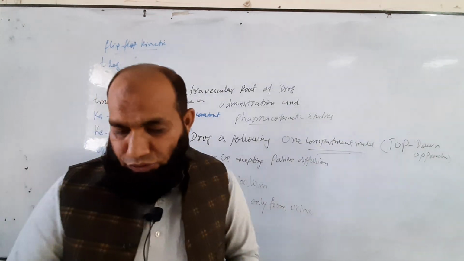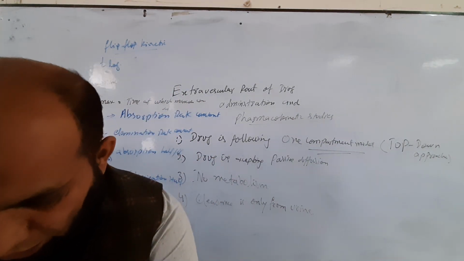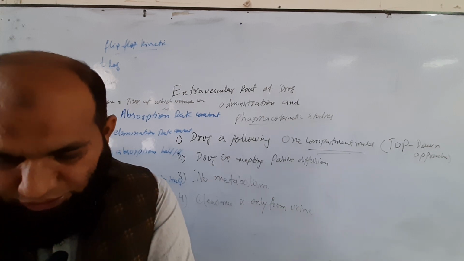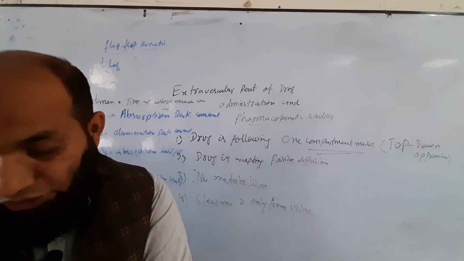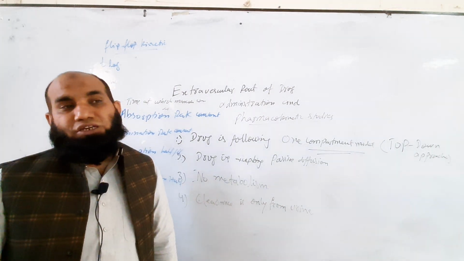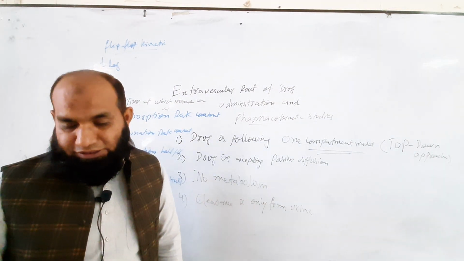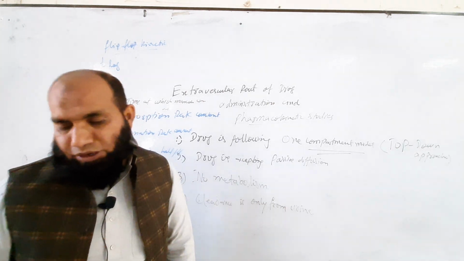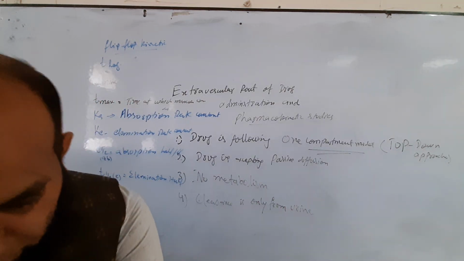Okay, when we want to measure the concentrations of the drug, there are two basic concepts. Either we calculate the drug remaining to be absorbed, or the drug remaining at the site of administration.